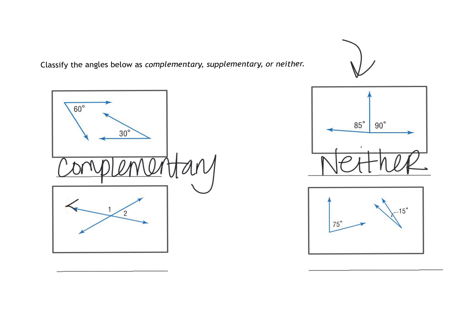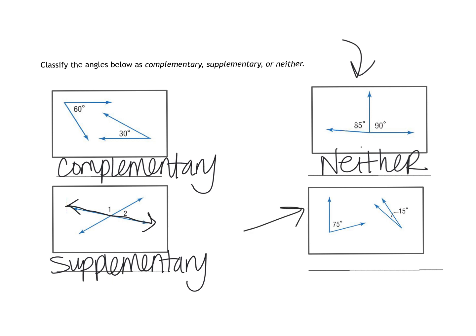And then here's my straight angle, 180 degrees, so angle 1 and angle 2 equal the straight line, so that's going to be supplementary. And then 75 plus 15 equals 90, so that's going to be complementary. So if they equal exactly 90, it's complementary. Exactly 180 is supplementary. Otherwise, they are neither.